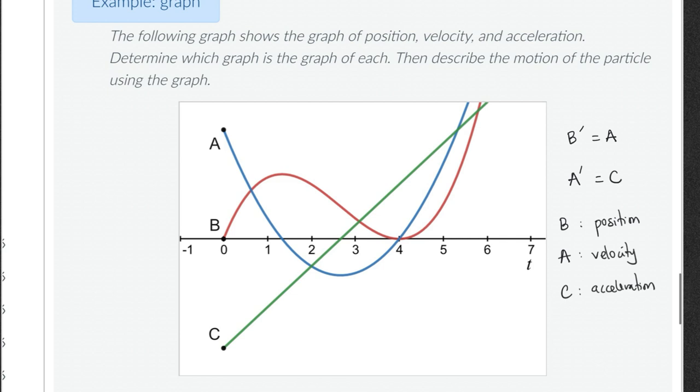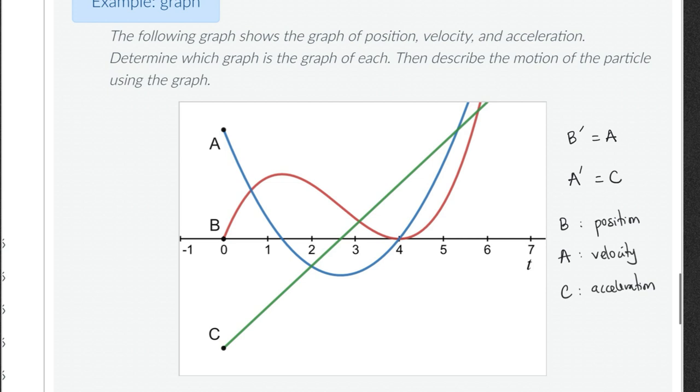Every time the graph of the position is decreasing, then the velocity should be below the x-axis. Every time the graph of the position is increasing, then the velocity is above the x-axis. From the graph of the position, we see that the position of the particle is increasing, and then decreasing, and then increasing again.